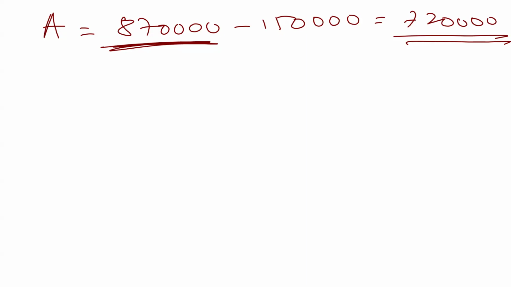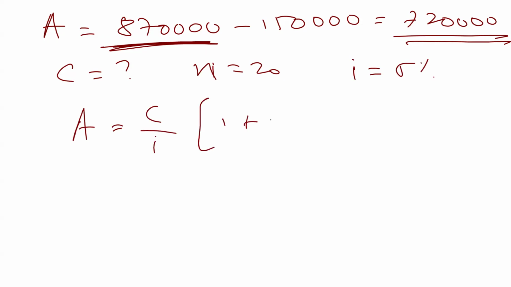So A we got. C we need to find out because they are asking how much amount should be set aside at the end of every year. So C is asked. n is equal to 20 years, 20 installments. i is equal to 5%. So A is equal to C by i, 1 plus i raised to n minus 1.